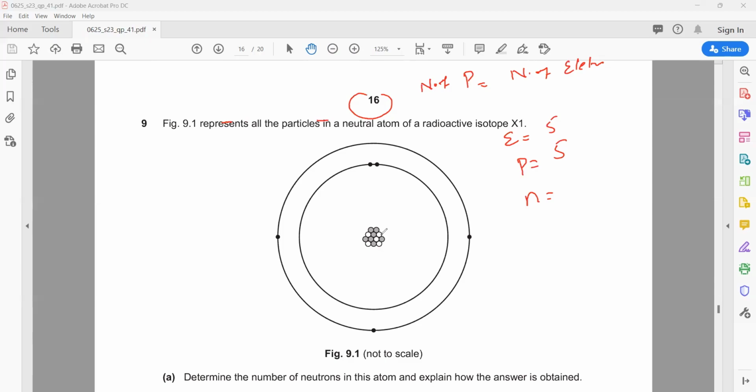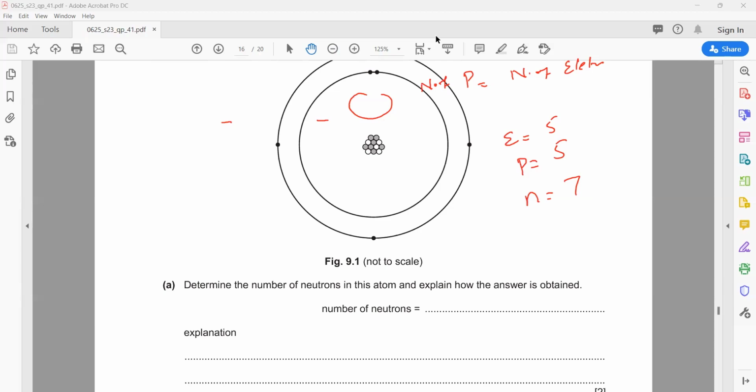So how many protons? 5. And how many neutrons? 7. So how many neutrons are there? 7.